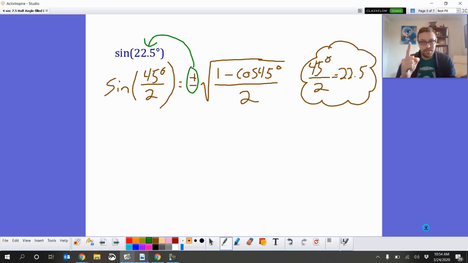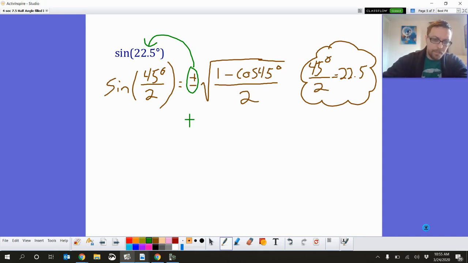It's less than 90 degrees. And in quadrant 1, sine is positive. Since sine is positive in quadrant 1, we're going to use the positive case. It's a little goofy because 45 is also in quadrant 1, so it seems like we're just doing it off of 45, but we're not, we're doing it off of the 22.5.